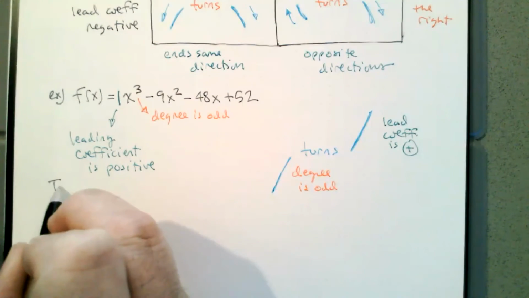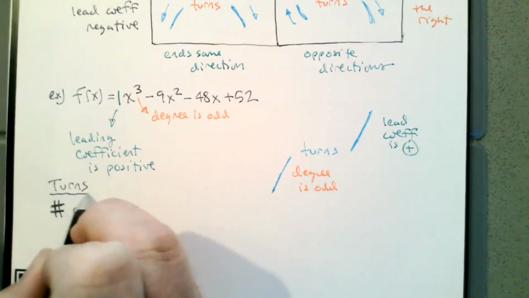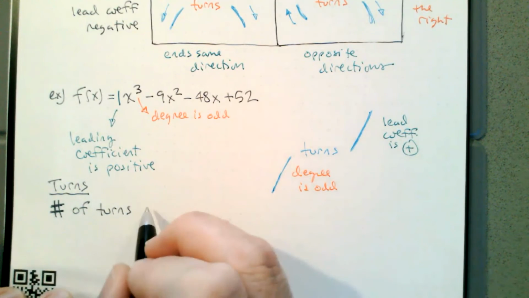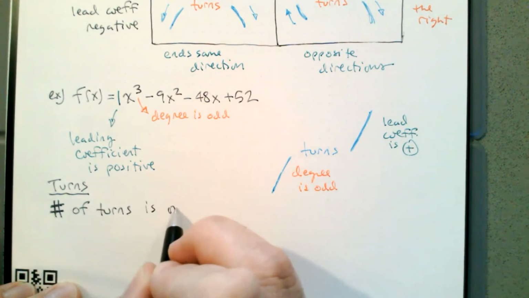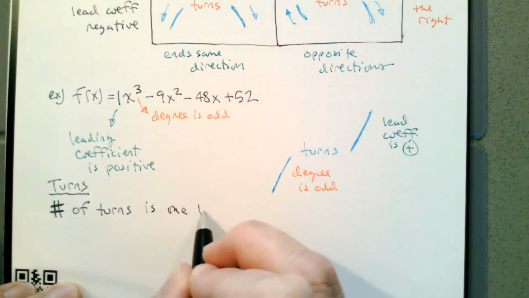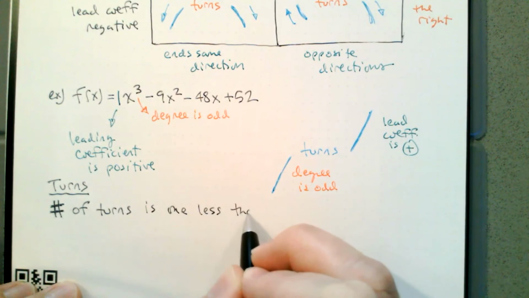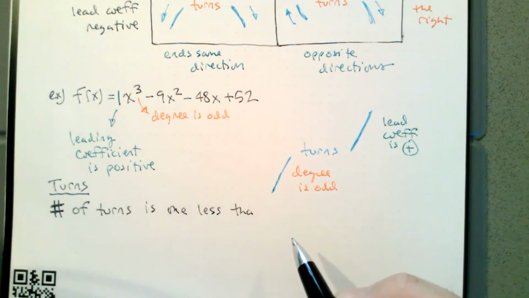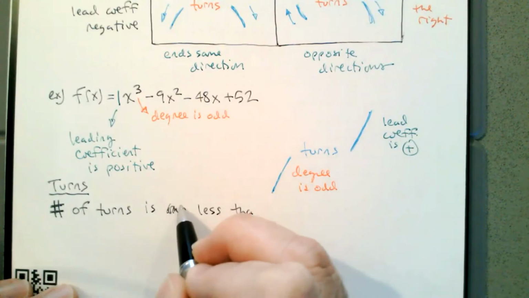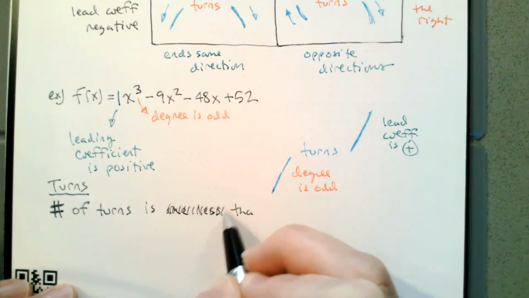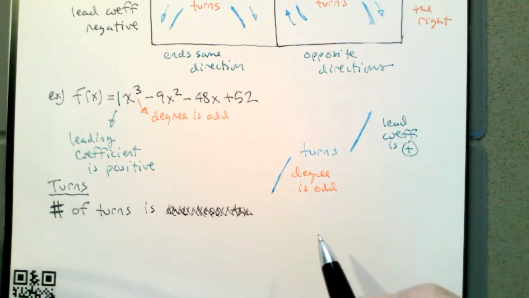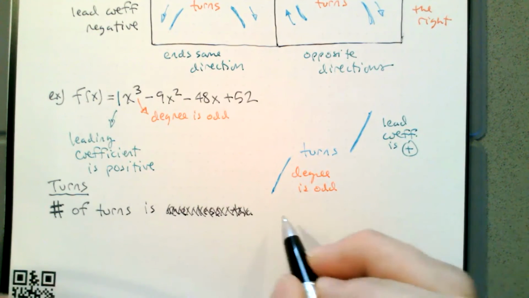So let's talk about the turns, because in between this end behavior, we'll have a number of turns. The number of turns is 1 less than the degree. Actually, I'm going to go back to my original formulation.